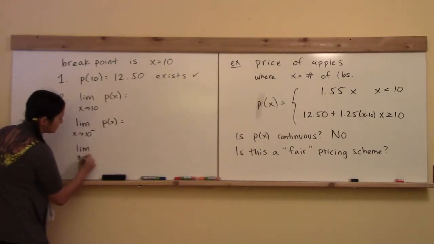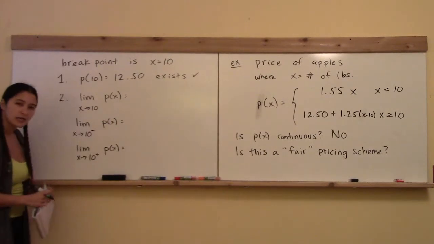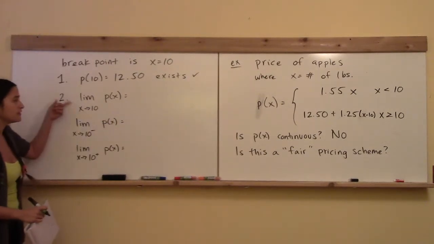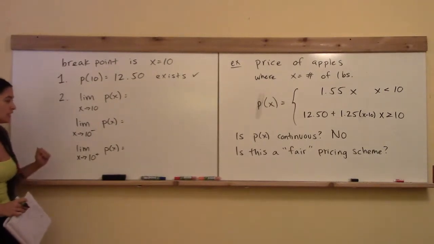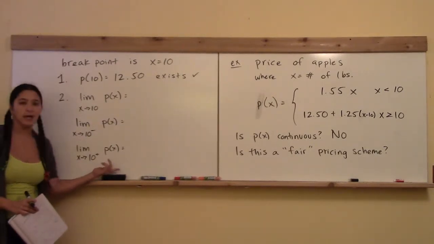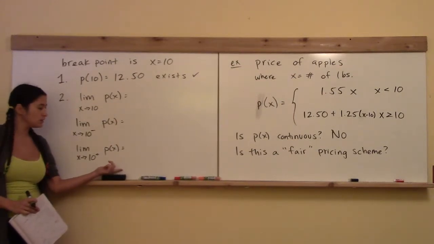If those limits match, that's going to be the answer. And if those one-sided limits do not match each other, then the answer is does not exist. So if you didn't do that yet, go ahead and pause the video here and tell me what each one of these one-sided limits is equal to.